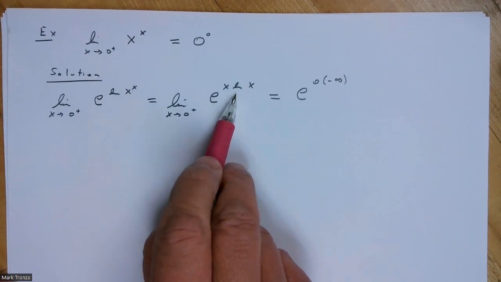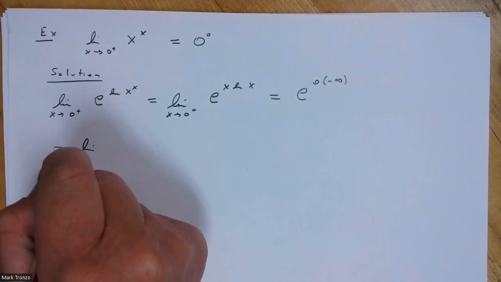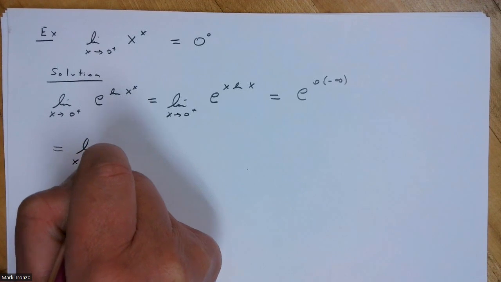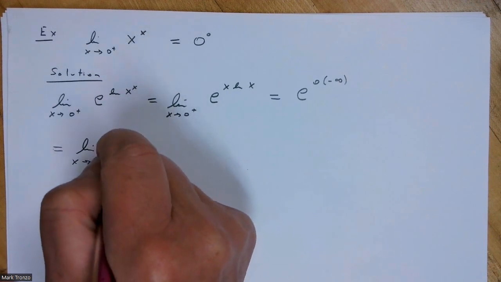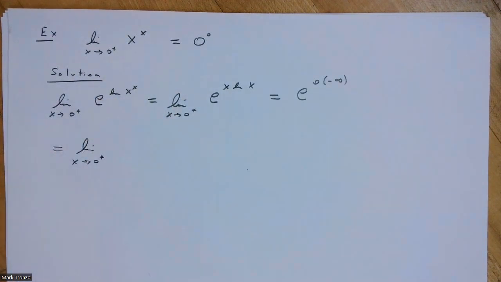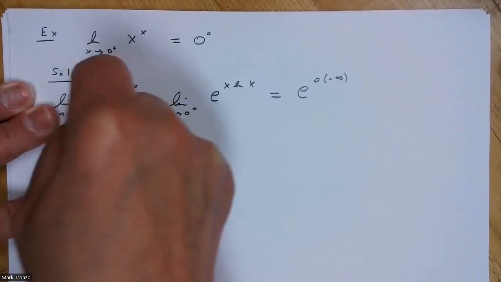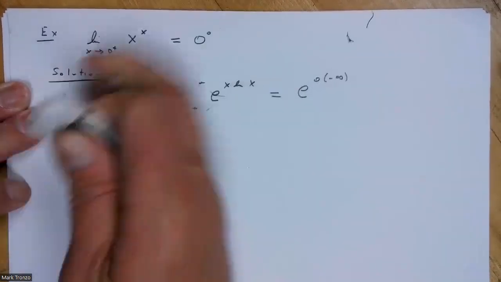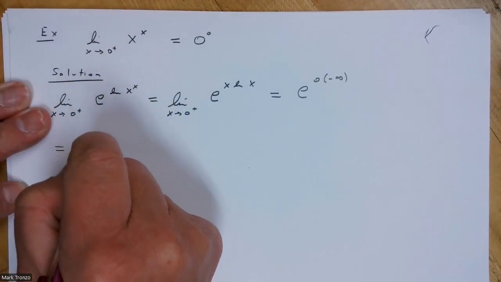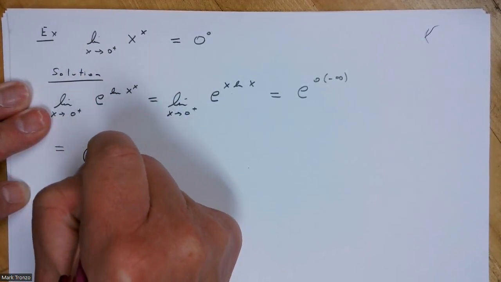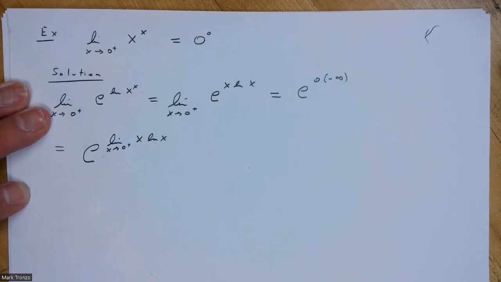And of course, since all the variables with x are in the exponent, let's write this as e to the limit as x approaches 0 of x log x, like this.